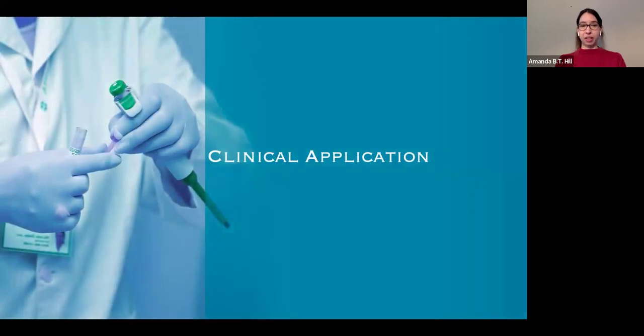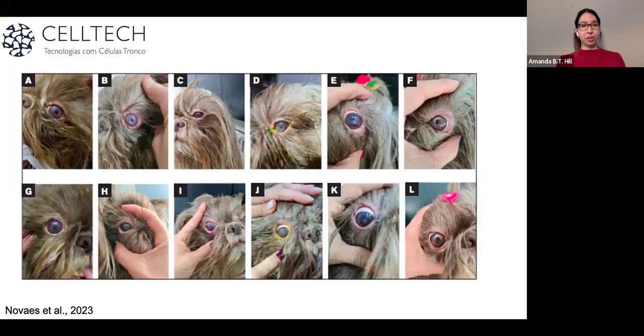So just to finalize, I would like to share with you why it's so important to use this biological waste that is the ovary and transform it into a regenerative tool. So here I show one of the clinical applications. This is a dog, a patient that we had with corneal ulcer, classified as a surgical emergency, and the cells were injected.